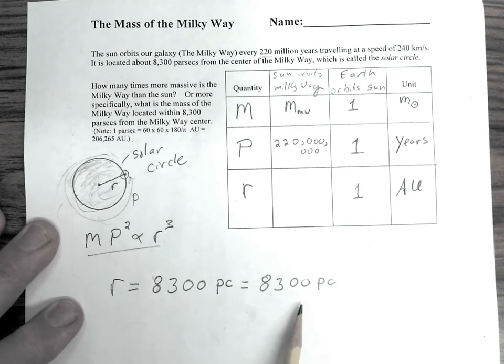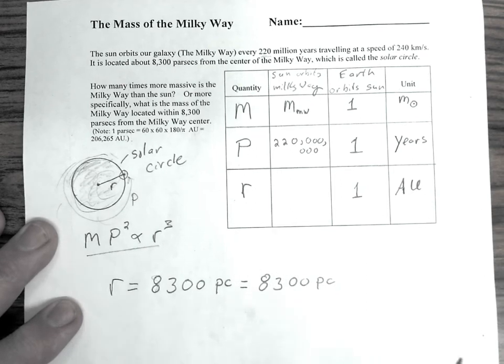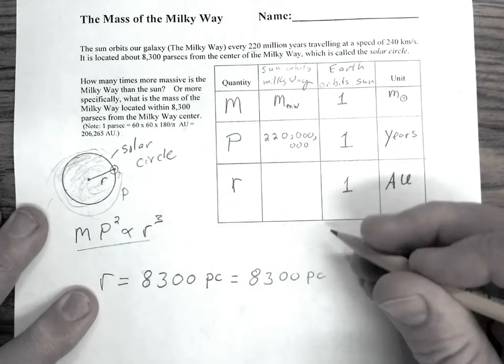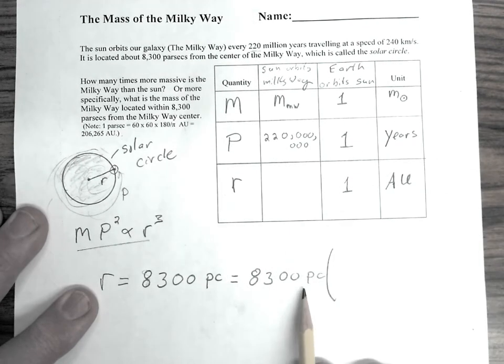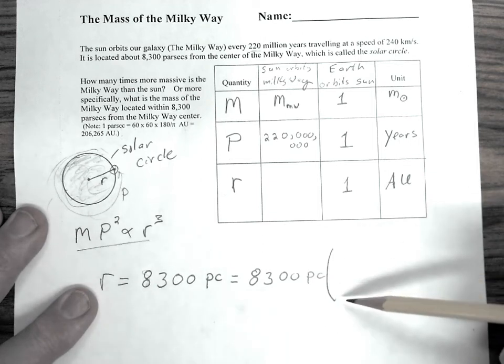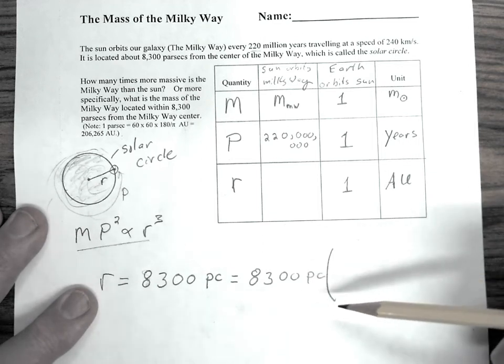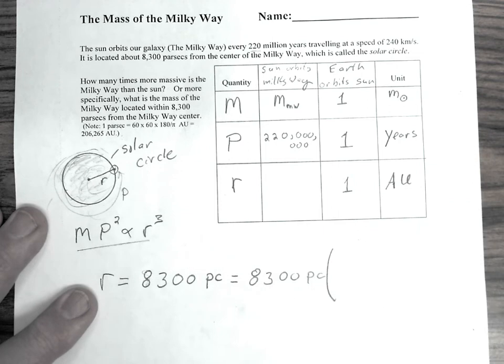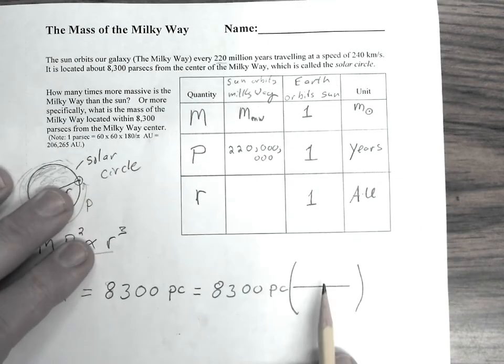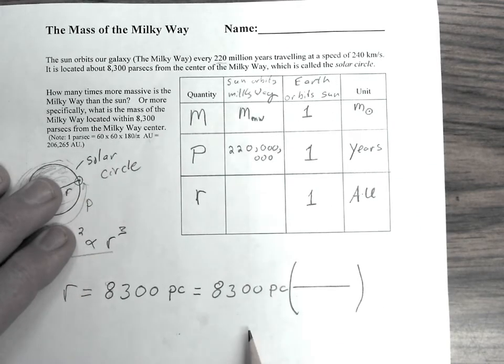So I started out by writing this trivial statement that it's equal to 8,300 parsecs, which is 8,300 parsecs. Now, if we multiply any number by a fraction with the same thing on the top as the bottom, it doesn't change, just like when you add fractions. Conceptually, that's what we're doing here when we convert units.